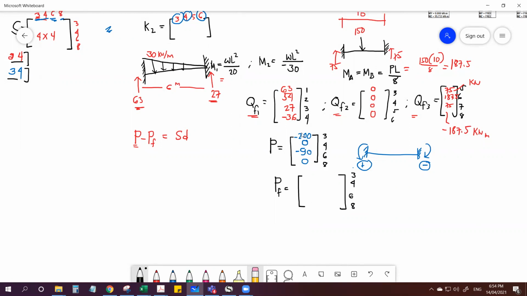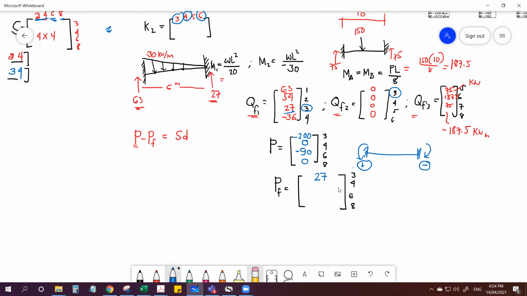Do we have QF corresponding to 3? This one corresponding to 3, so it's only 27.